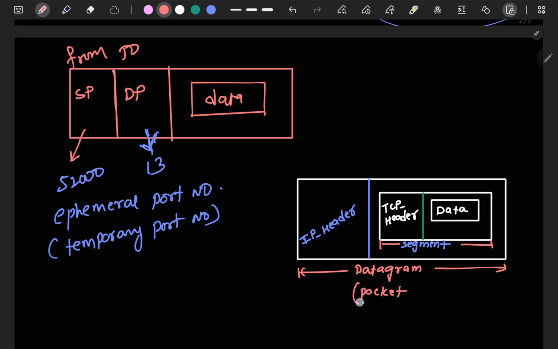So remember this part. All these headers contain some information. We are not worried about the IP header information now. We are going to see what information the TCP header contains, and with respect to that we will follow our lecture now.